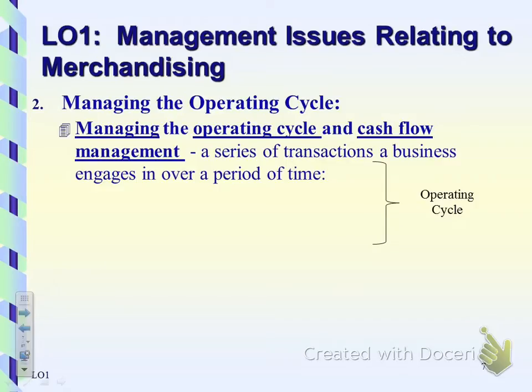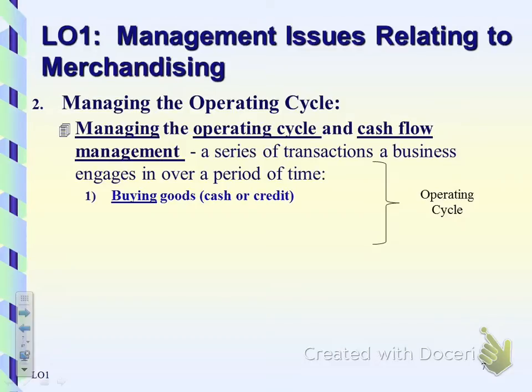Then, in terms of looking at and managing the operating cycle, managing the operating cycle is all about cash flow management. It's all about a business being able to evaluate their merchandise inventory and look at a series of transactions.